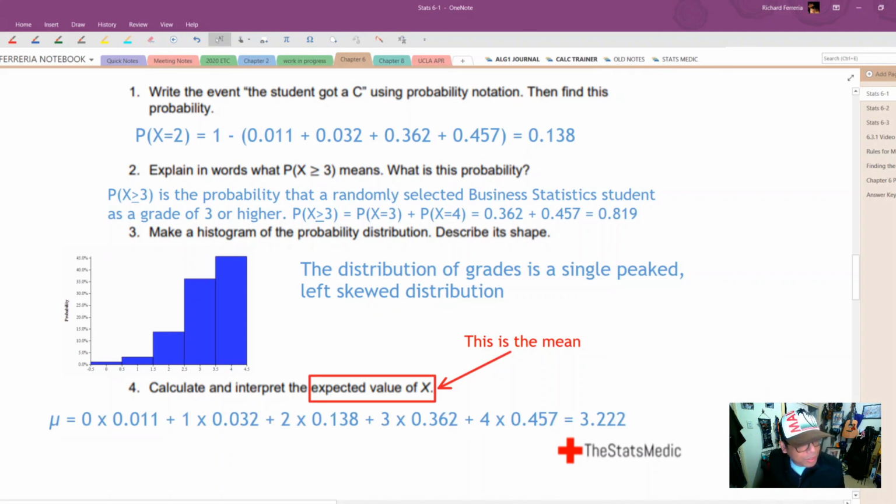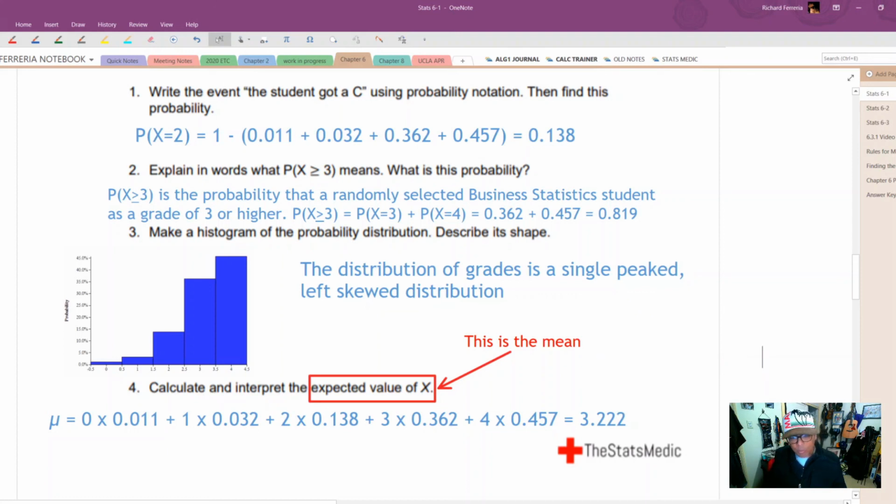We've got 0 multiplied by the probability of 0, 1 times the probability that the grade is a 1, 2 multiplied by the probability that the grade is a 2, 3 multiplied by the probability that the grade is a 3, plus 4 multiplied by the probability that the grade is a 4.